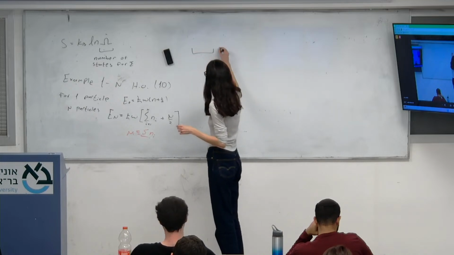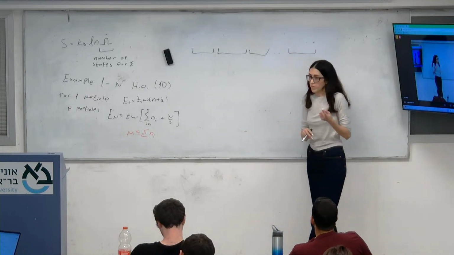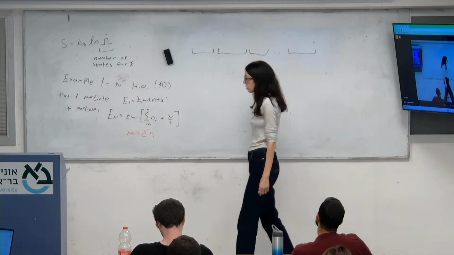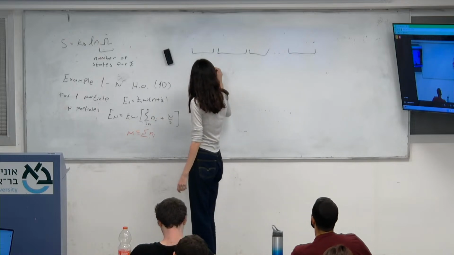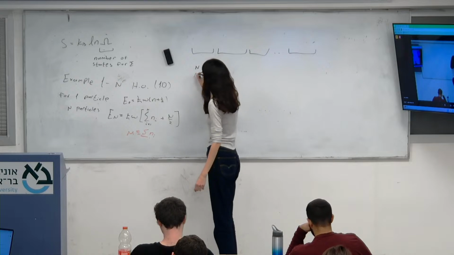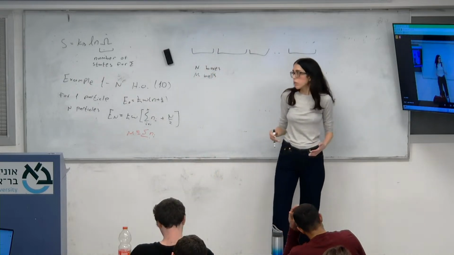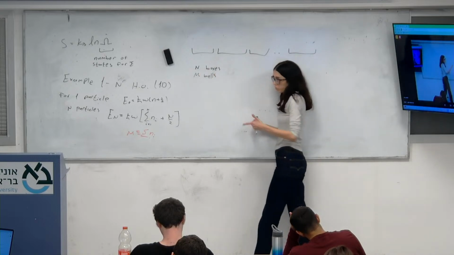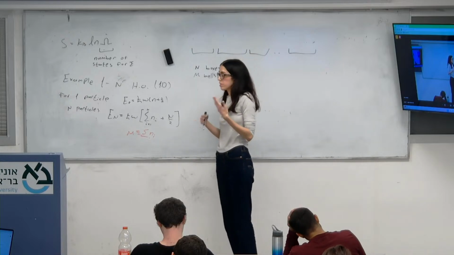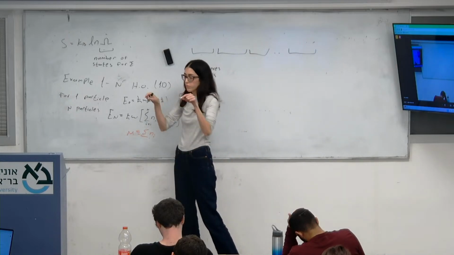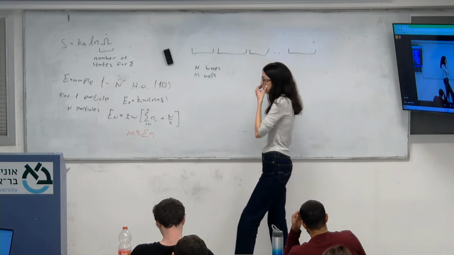Each box represents a particle, and we have m balls. We want to ask how many options we have to put m balls inside n boxes. That will give us the way to distribute those m energy quanta inside the different particles.